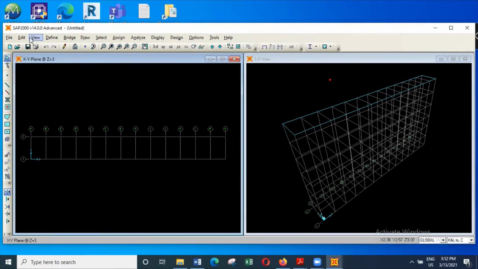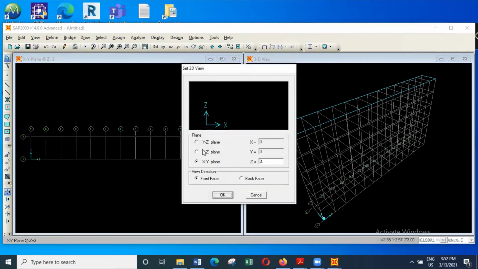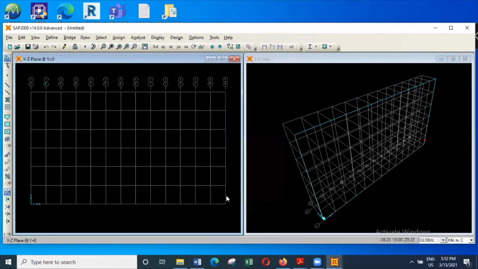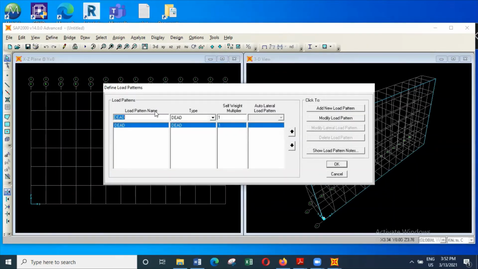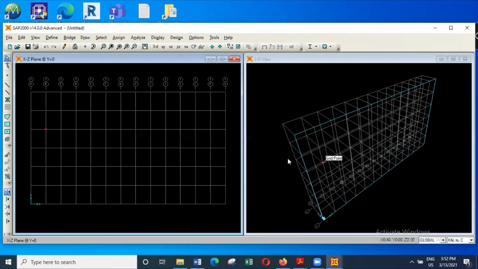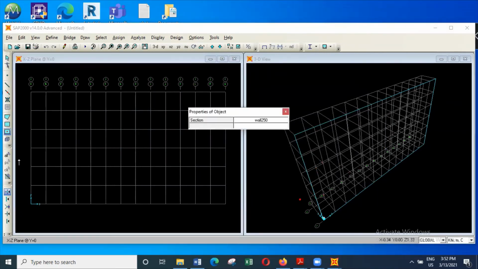And then view, and then define load patterns, live, okay, and then you can draw 5.2 going up to a height of 3 meters.